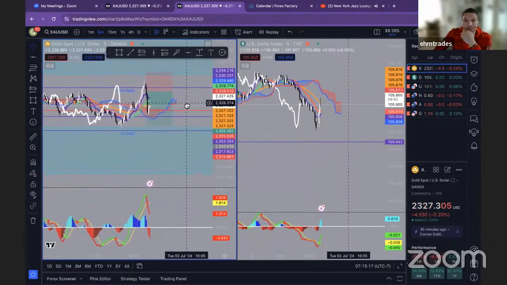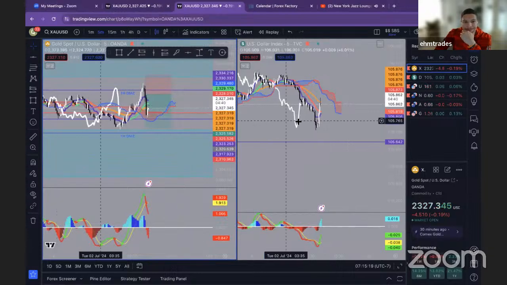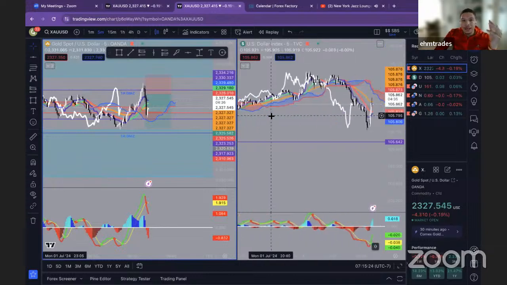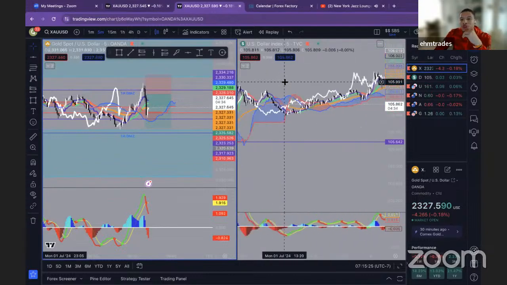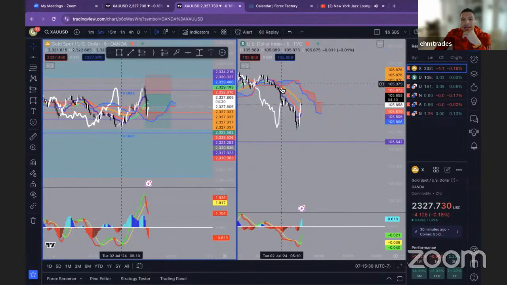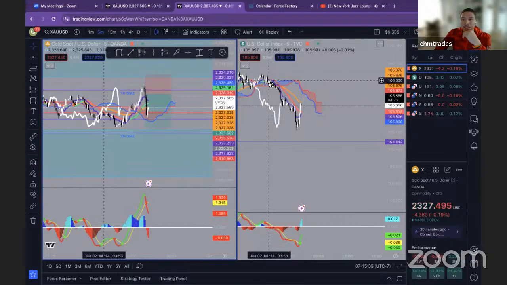I'm going to watch this dollar, see how it performs. The next decision-making zone I have for this dollar: it went bearish, moved to a decision-making zone at about 105.750, and now it's moving bullish, and my next decision-making zone is 105.960.